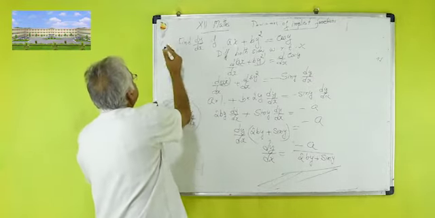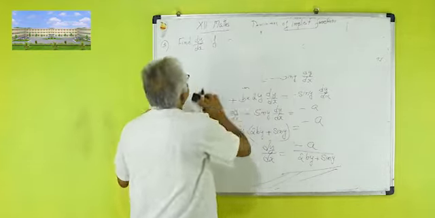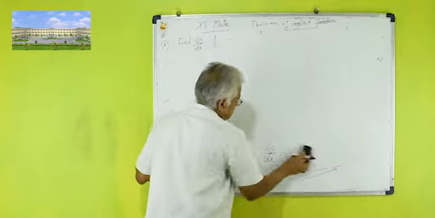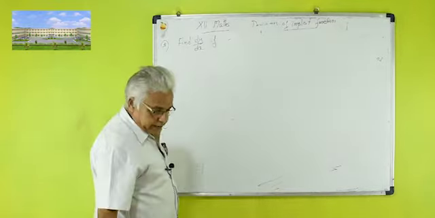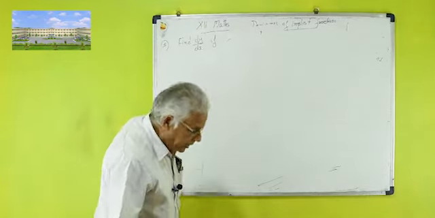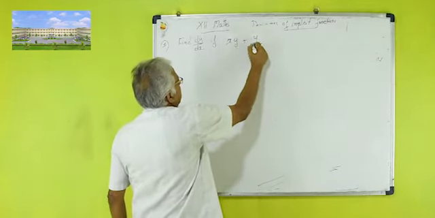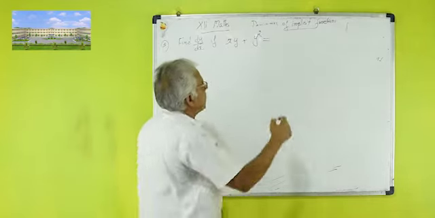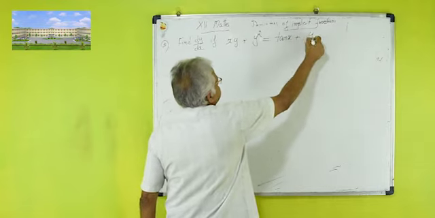Fifth question. Find dy by dx if xy plus y² is equal to tan x plus y.